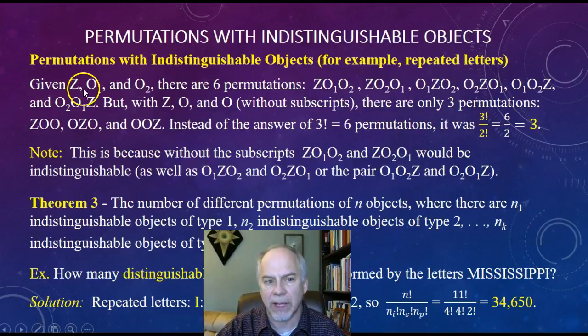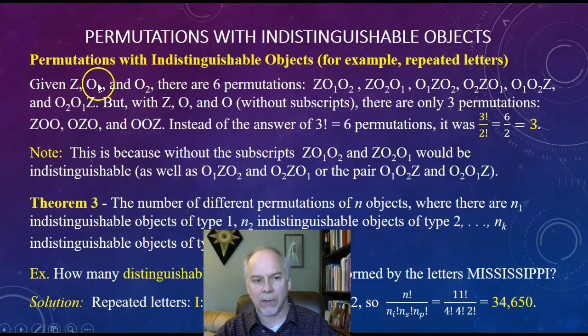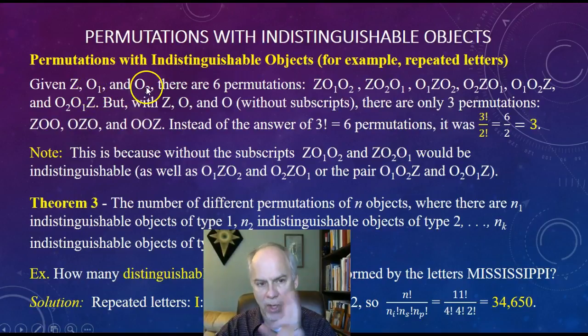Let's say we have the letters Z-O-O. Now, if the O's are distinguishable, so in other words, we have an O1 and an O2, so you can distinguish which O you're talking about, okay?